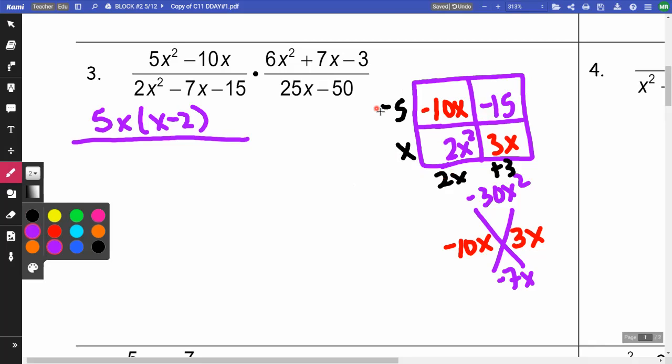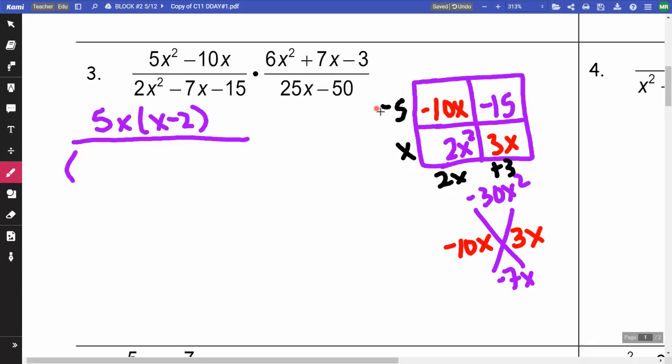Now, this is how I personally would do it, is I know I'm going to get 2 parentheses. And I know that since this is a 2x squared, one of these is going to be a 2x and one of them is going to be x. So let's say that this is my 2x and this is my x. I also know I have a negative 15 here, which could be a 15 and a 1, positive, 1 negative, or a 3 and a 5. I'm leaning closer to the 3 and the 5, and I'm trying to get a 7.